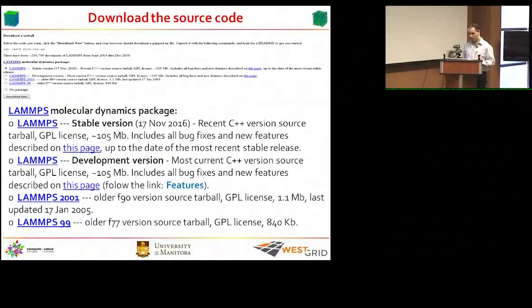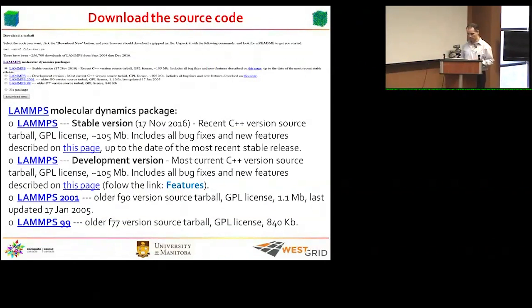From the download page, you have the possibility to download the previous versions from 1999, 2001, and there is the second, the development version, so the most recent version. But if you want a working version, you just have to download the first one, which is the stable version.